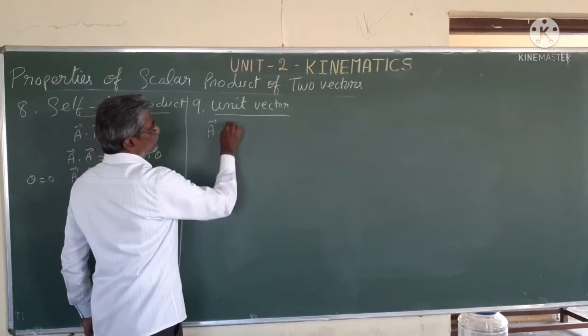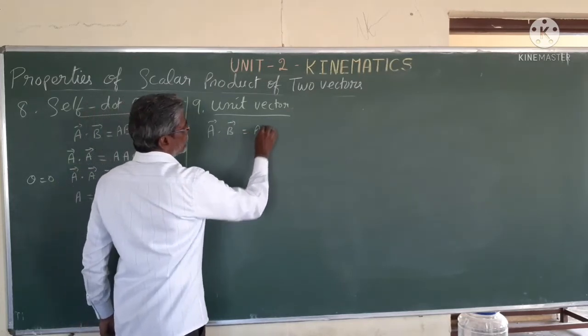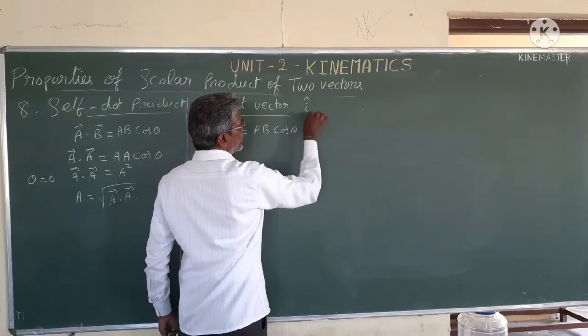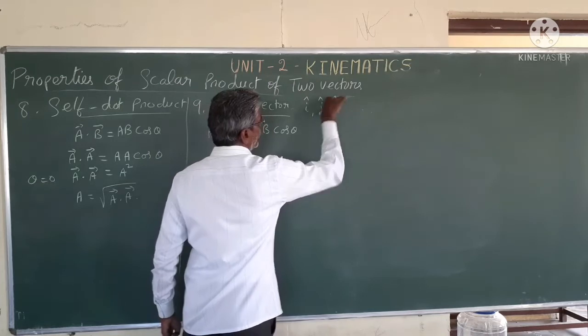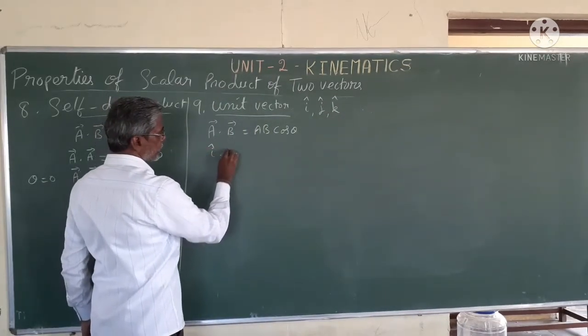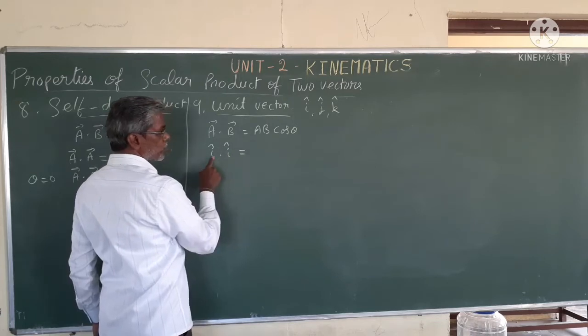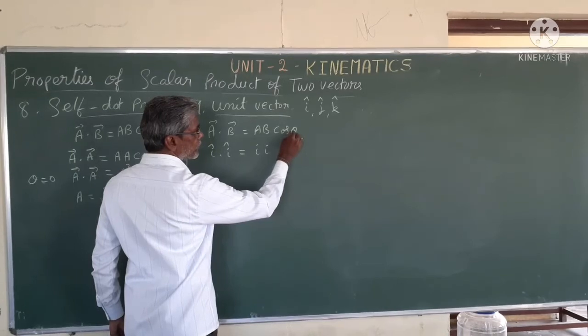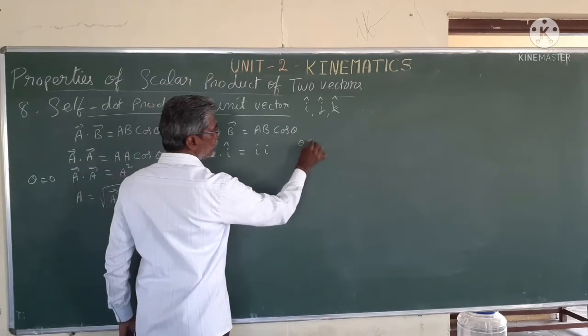A vector dot B vector is equal to AB cos theta. Now what are the unit vectors? I cap, J cap, K cap. Now you see I cap dot I cap is equal to modulus of I cap into modulus of I cap, and it will be maximum when theta is equal to 0.